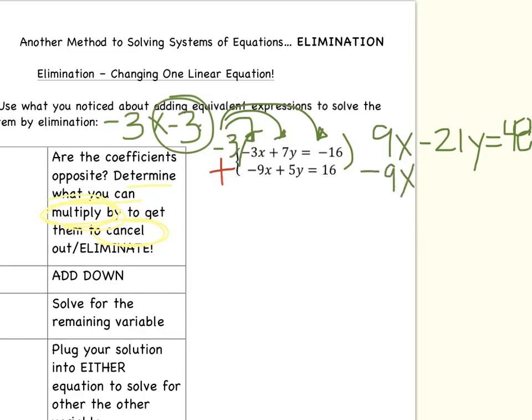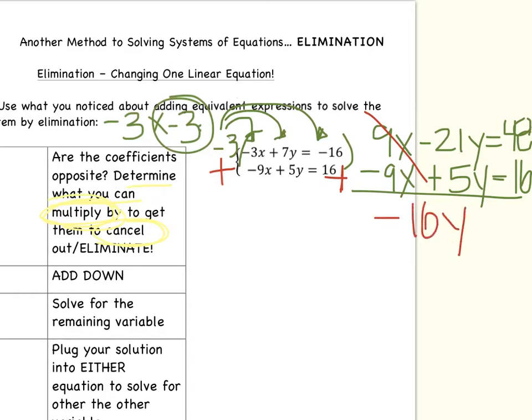Negative 9x plus 5y equals 16. And now, again, I'm going to put that big addition sign in front, and I'm going to add down. So negative 9x and negative 9x, they cancel out. Now I need to do negative 21 plus 5. Negative 21 plus 5 gives me negative 16y.